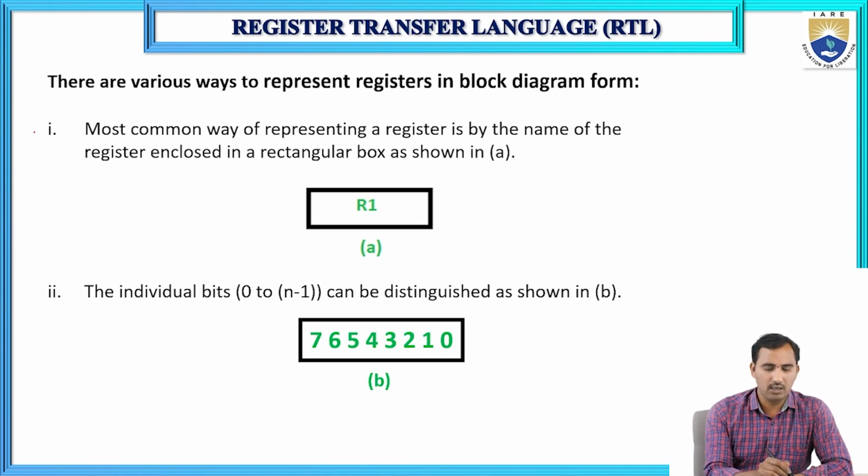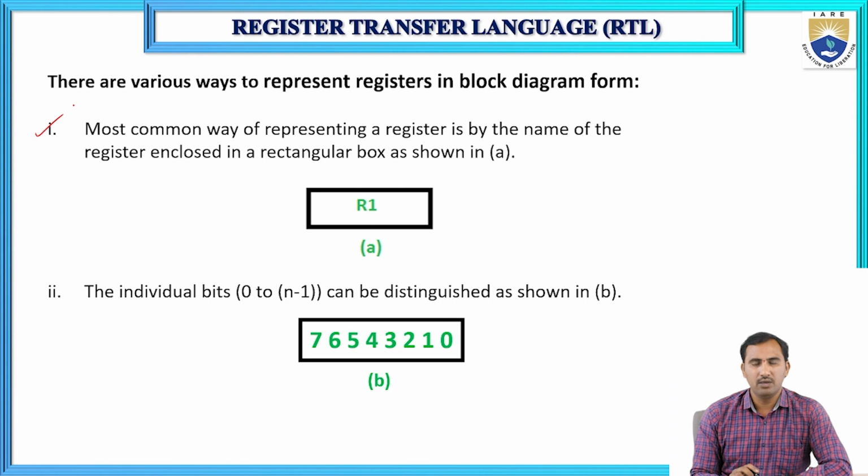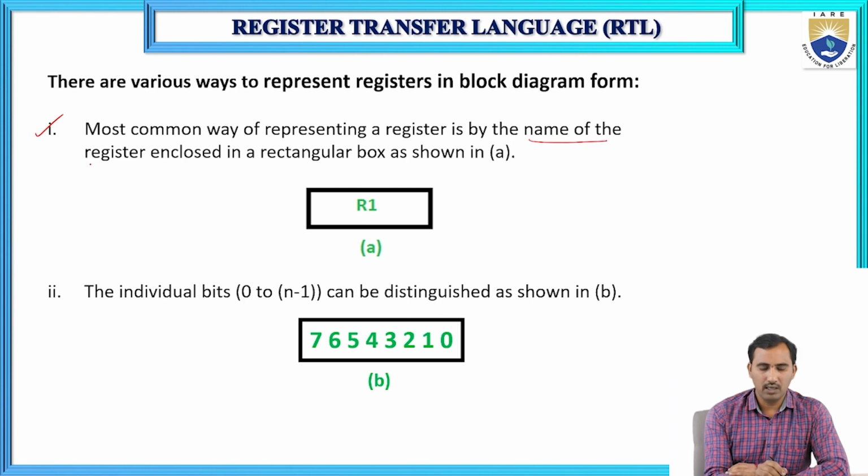The first one is the most common way: the name of the register enclosed in a rectangular box, writing the name of the register inside the box.